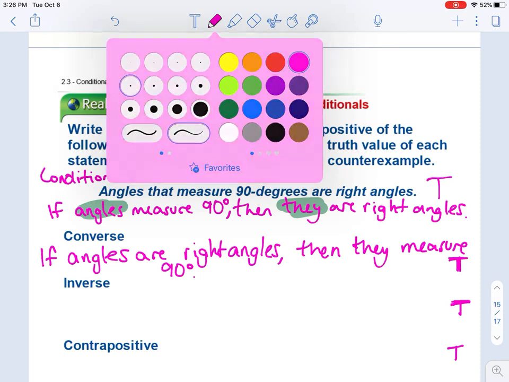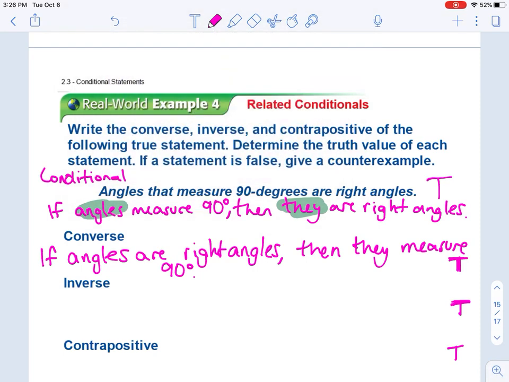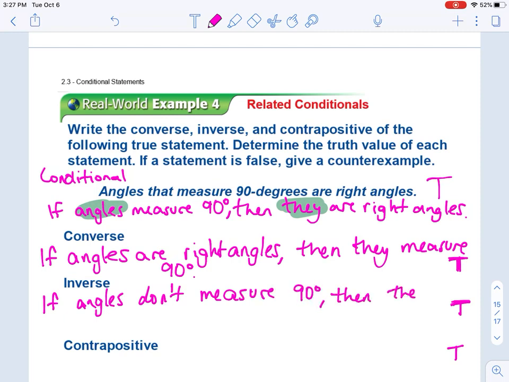So the inverse is just the negation of the original conditional. So if angles don't measure 90 degrees, then they are not right angles. Okay? So if they're not 90 degrees, then they are not right angles.